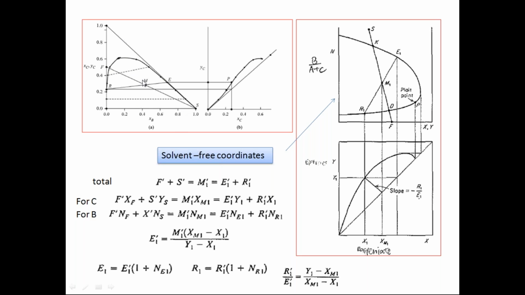See, this is drawn. The Xc is the concentration of C in the raffinate, and concentration of C in the extract. So you'll get this diagram, and again you can find out E and R. Similarly, you can also use solvent-free coordinates. This is like an xy diagram. So you can draw N and xy.